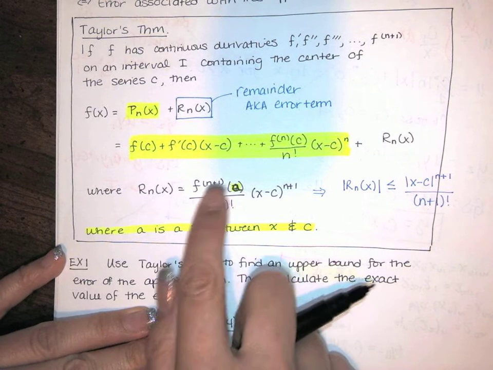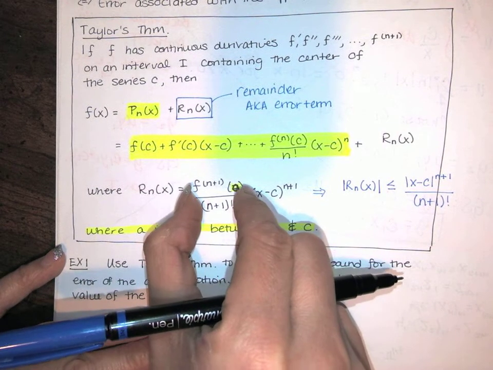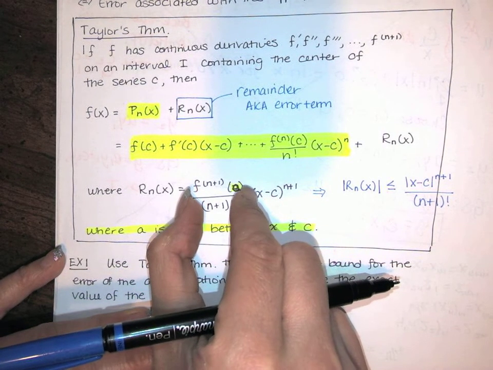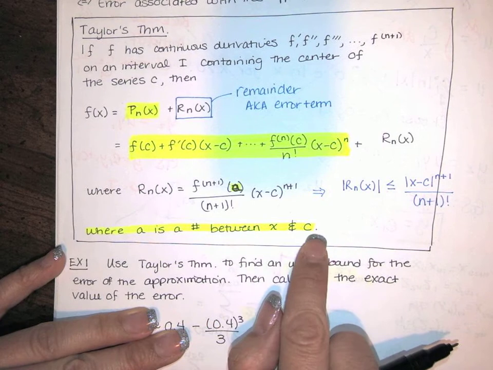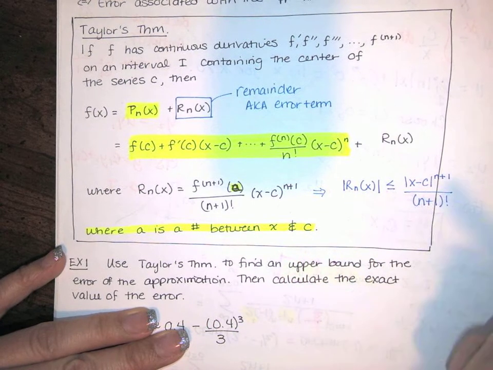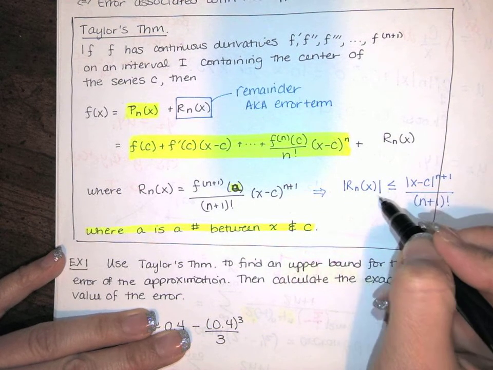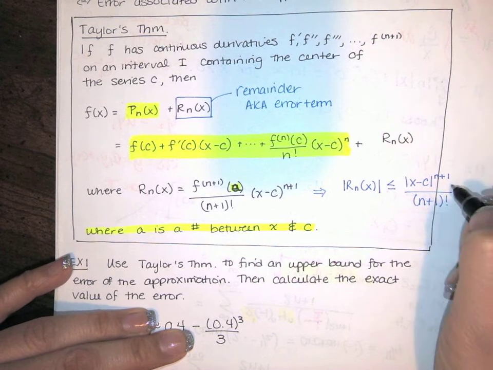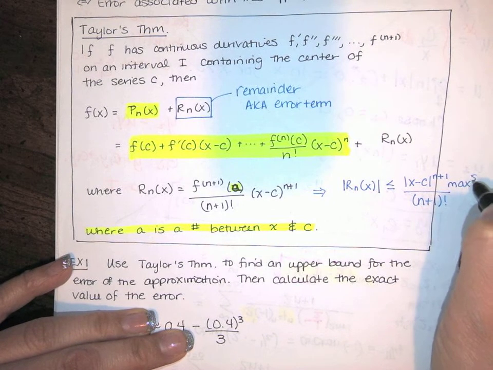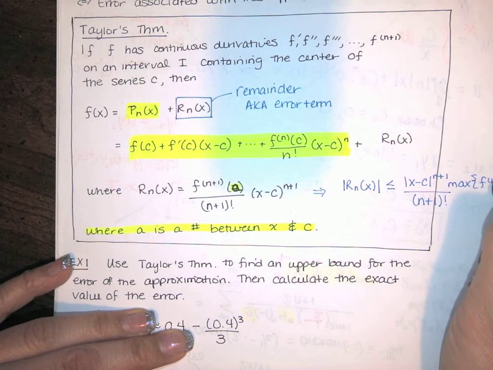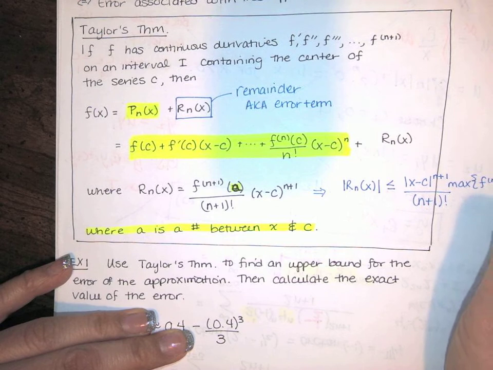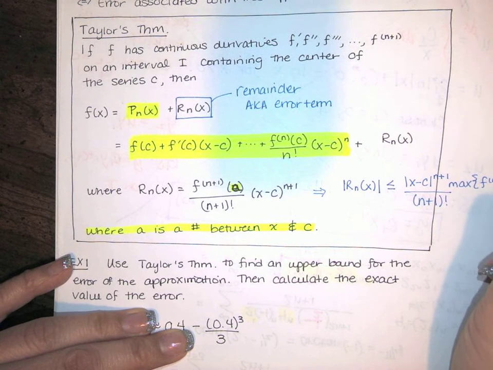We want to find the maximum value of that. So if we can find a maximum value for that n+1th derivative on the interval from x to c, well, that's going to, if I multiply that by this, give me an upper bound for the error. So we need an upper bound for that n+1th derivative of x.